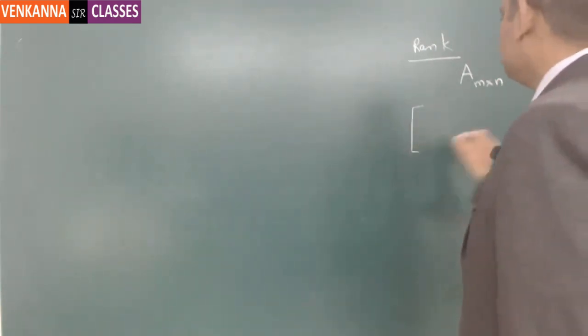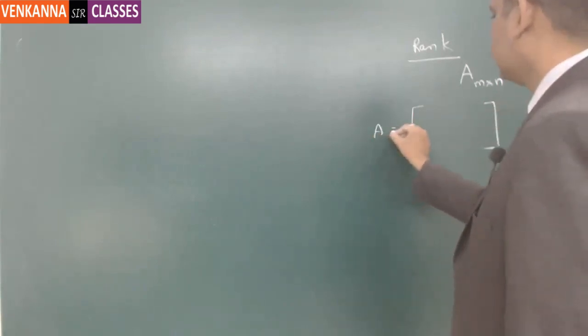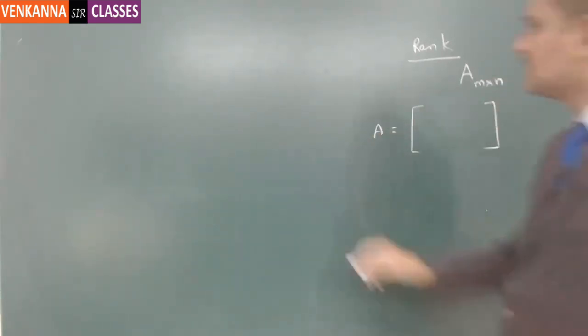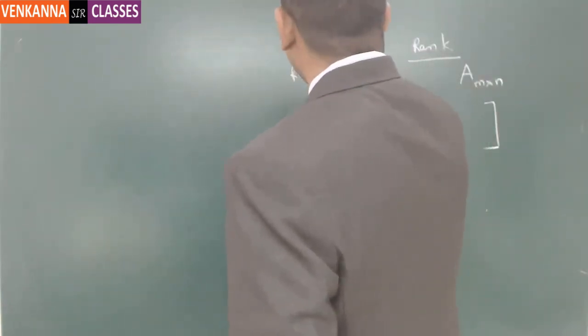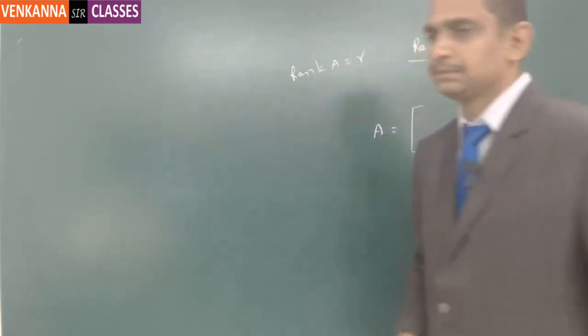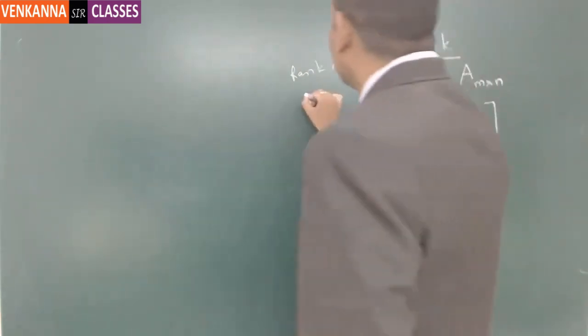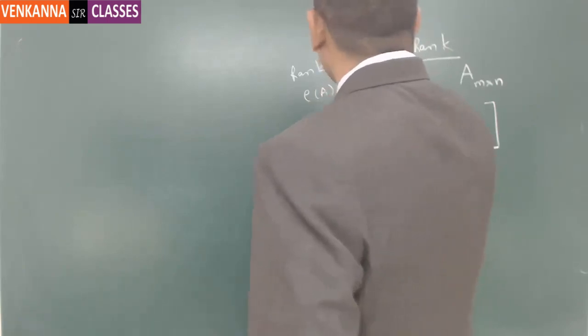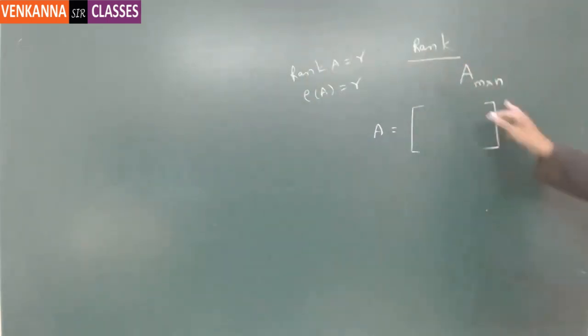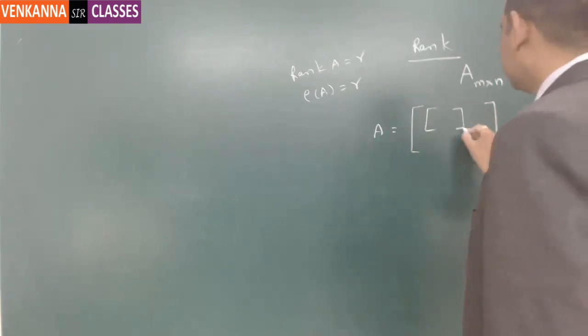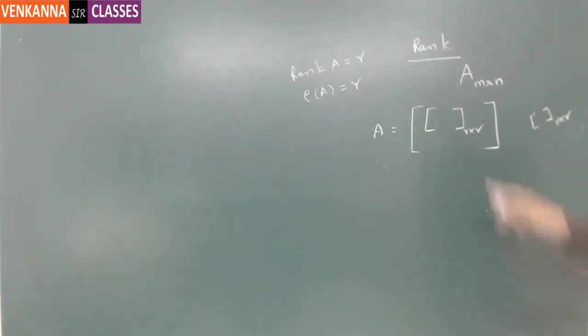Let me say this is A. Now, if I say that rank of A is equal to r, symbolically we say that rho of A is equal to r. It means that in the whole matrix A, if you take any square submatrix of order r by r, any portion of it, then if you calculate its determinant, it will be not equal to 0.